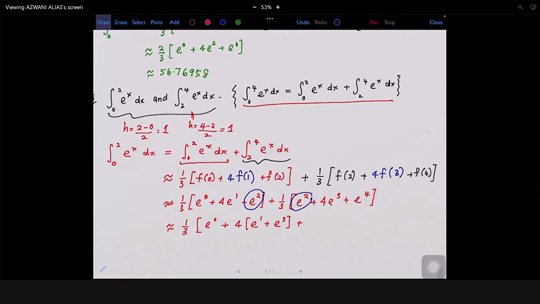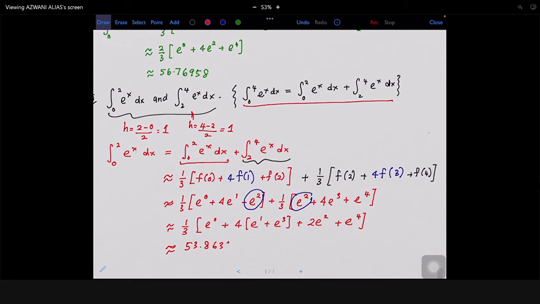Kita dapat 2e^2, right? Plus e^4. Okay, calculate. Yes, kita dapat 53.8636.